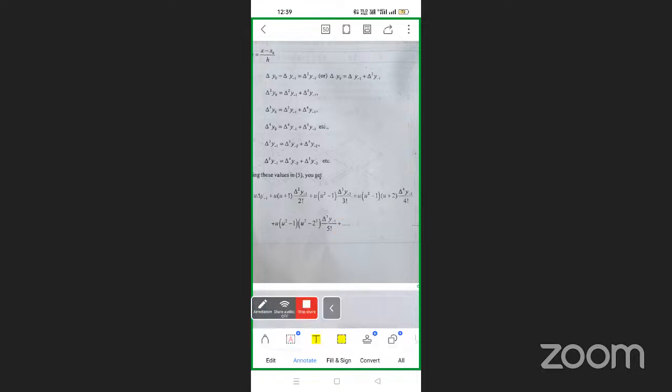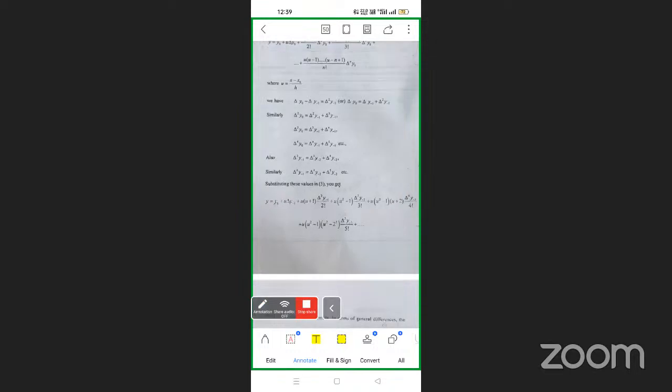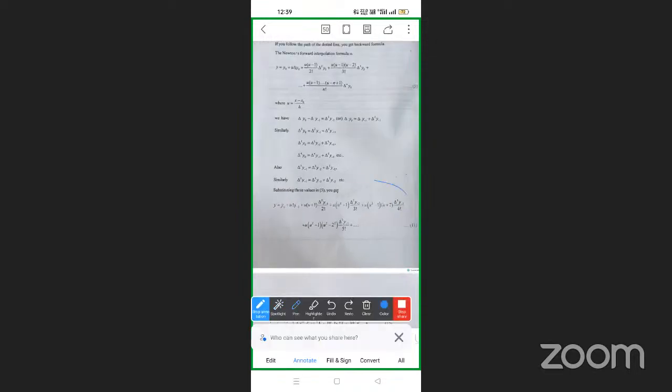So this is the Gauss backward central difference formula.